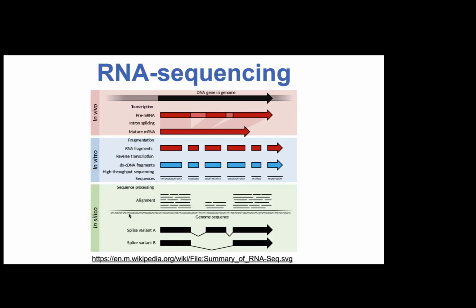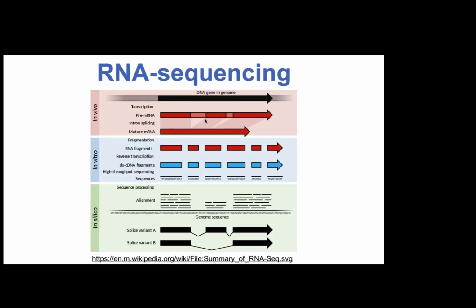And then the computational task, the in silico step, is to take one of these sequences and know where it comes from in the reference genome. This gets complicated because the human reference genome is about 3 billion base pairs. And the DNA sequence is actually not the correct reference, because the mRNA does get changed.